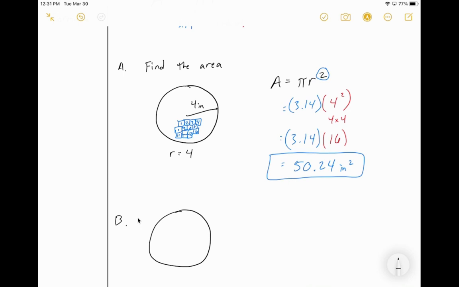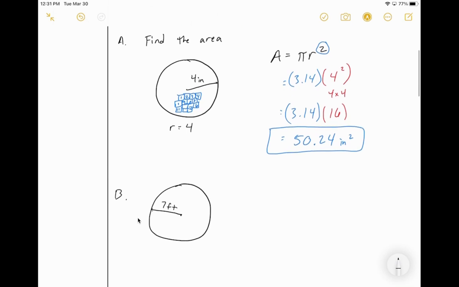Find the area of this circle. Okay? It doesn't look like a very good circle, but still.